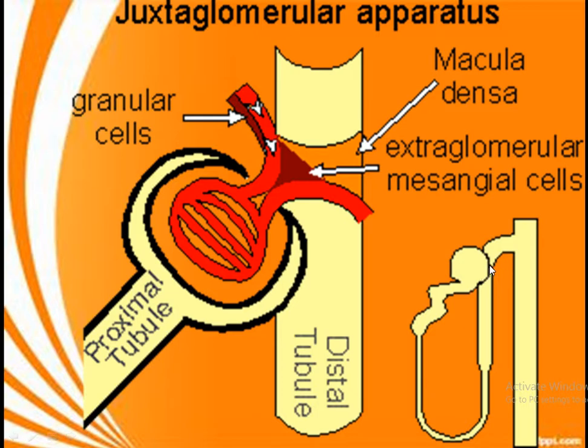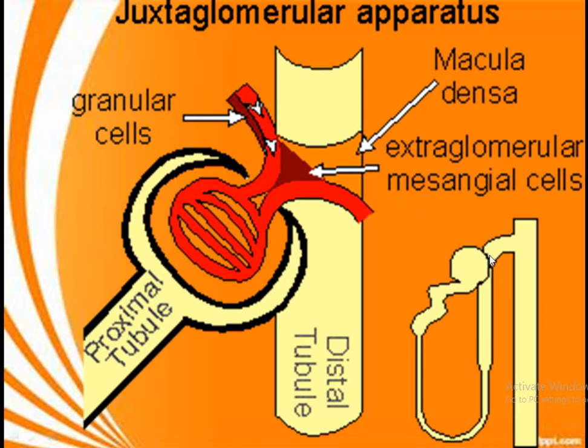In the diagram in the book we see that here the Bowman's capsule is present, followed by all these things, but that is just for study purposes. The actual picture of the nephron is this one, so that the initial part of the distal convoluted tubule is very close, or attached, to the glomerulus in this way.